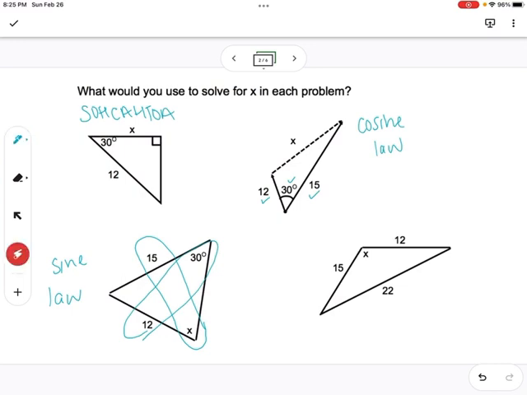Okay, the final one here. We have this triangle, we're given three sides, and we want to know the angle. We don't have pairs to match up here. When we have all three sides, then we can use cosine law.